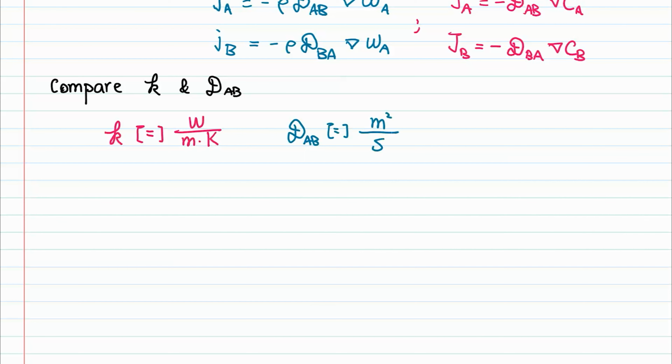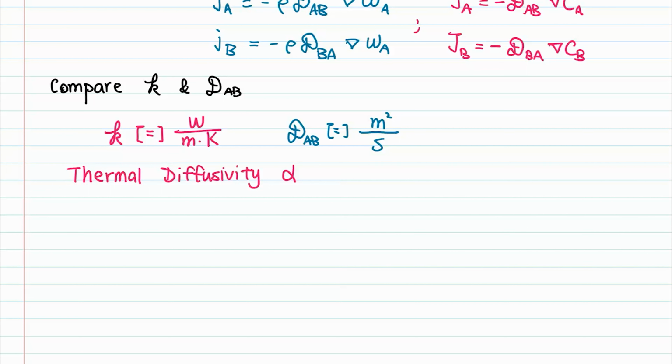Okay, so here we're going to introduce a concept called thermal diffusivity, and we use the symbol alpha.